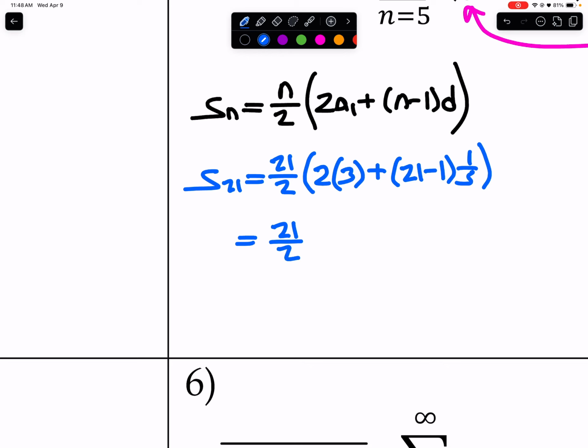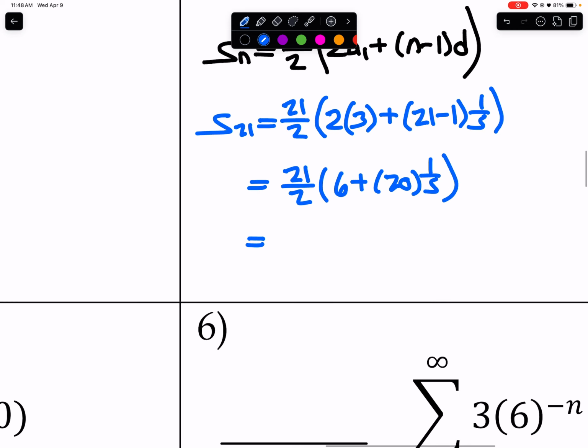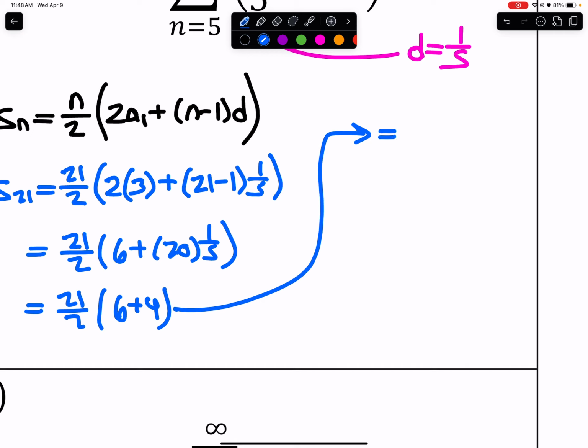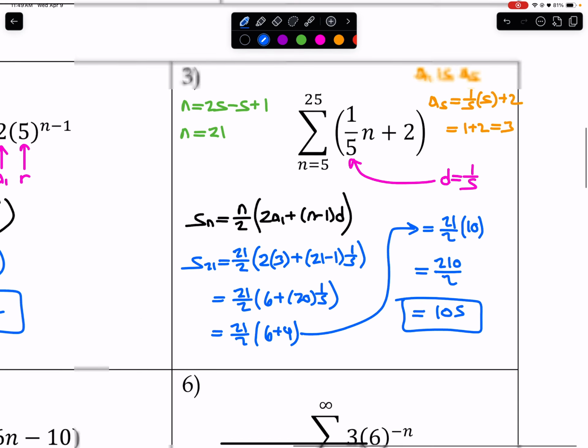So 21 divided by 2, which would be 6, plus 20 times the 5th. So that's 21 divided by 2, 6 plus 4. So now I'm going to bring this up here. So 21 divided by 2, and then 6 plus 4, which is going to be 10. So that's going to be 210 divided by 2, which is going to be 105. So that would be your partial sum.